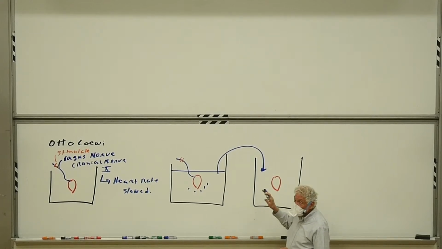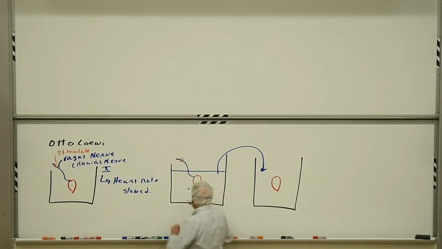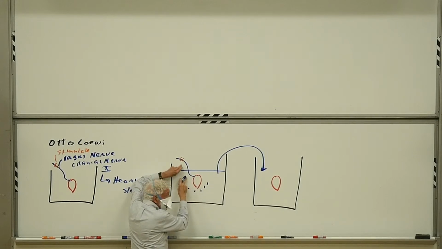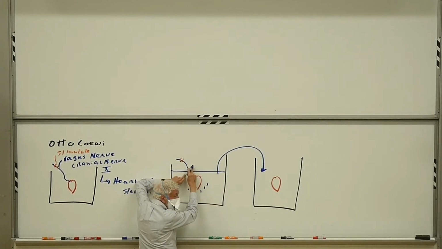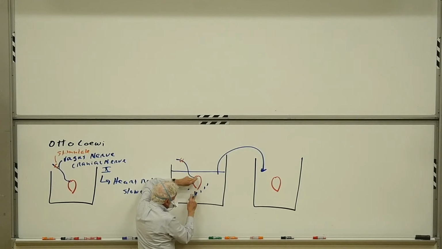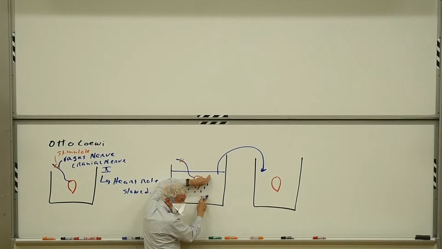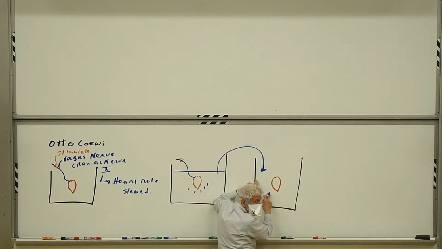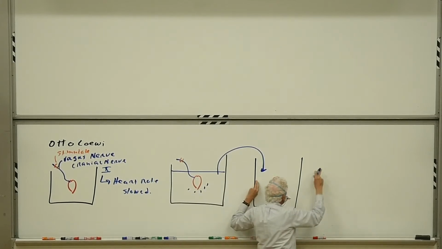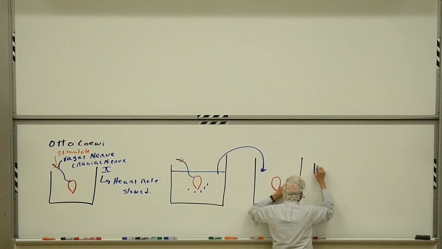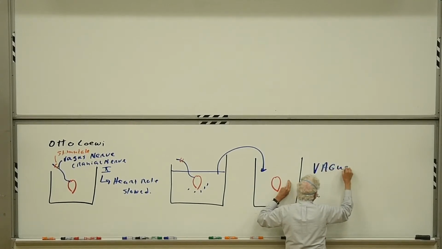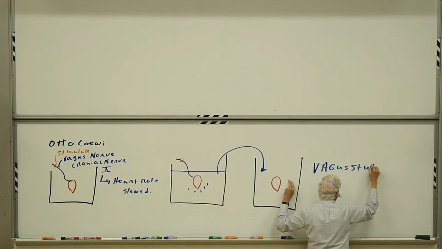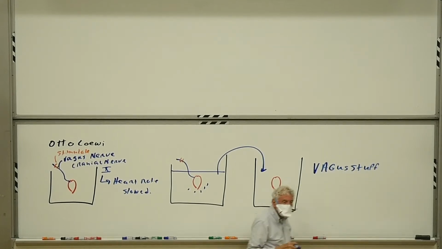So now he's pretty lucky on this, but it turns out what he was seeing is that there was something being released by the vagus nerve that was affecting the heart rate, and that was some sort of soluble substance that he could move from this compartment to this compartment. What he called this in typical German fashion was Vagusstoff, V-A-G-U-S-S-T-O-F-F.